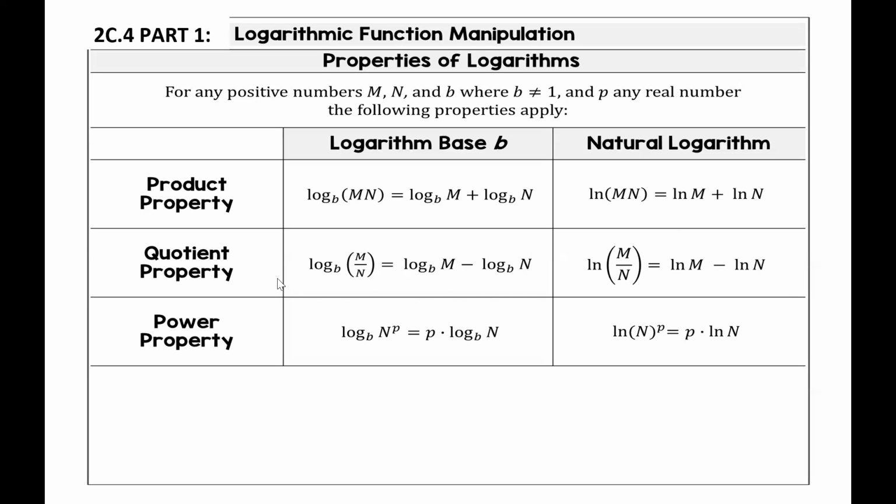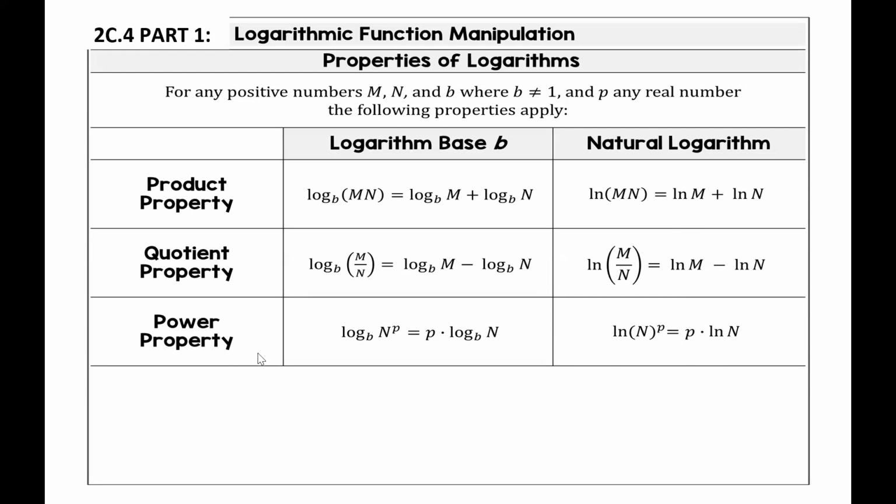Next is our quotient property. If your argument has division taking place, you can separate it into the log of your numerator minus the log of your denominator. And again, it applies also to natural log. The last but not least is our power property.